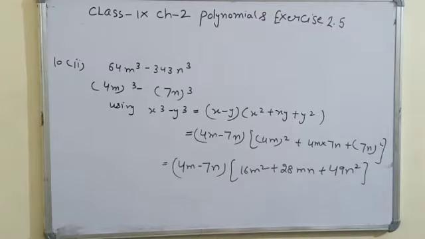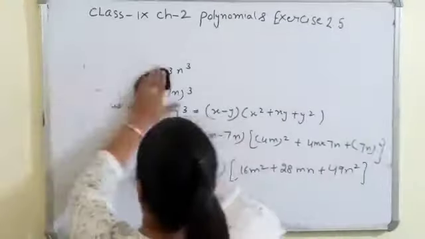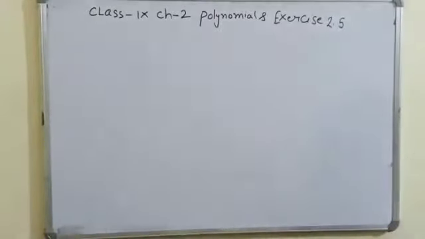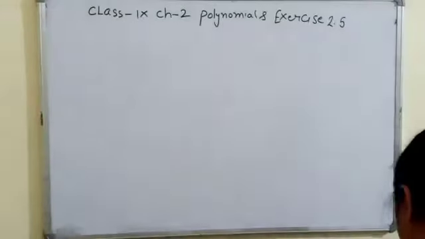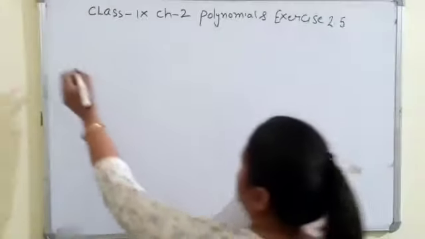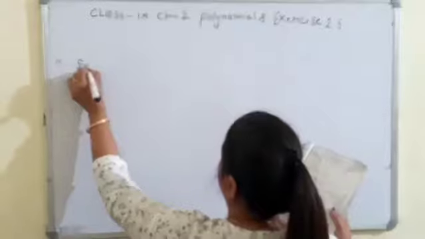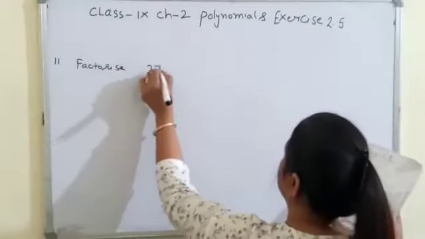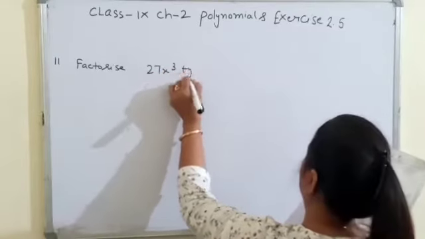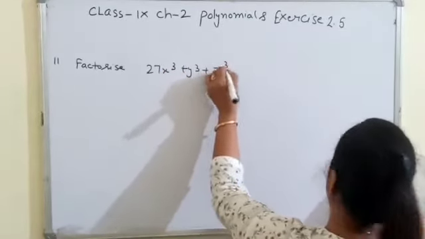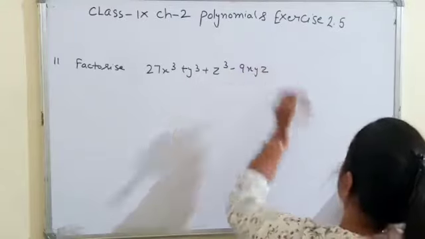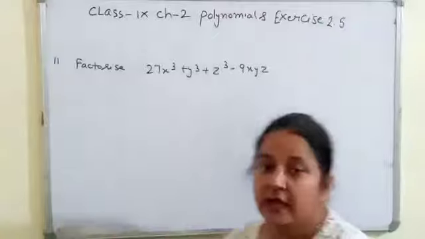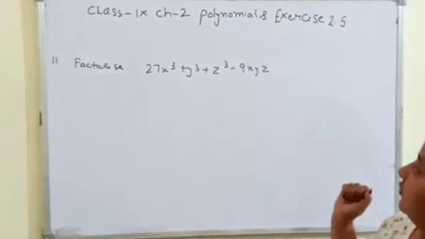In question 11, we have to factorize 27x cube plus y cube plus z cube minus 9xyz. Yes, students, you have to judge the question: it is not a plus b whole cube or a cube plus b cube, here is a different question.